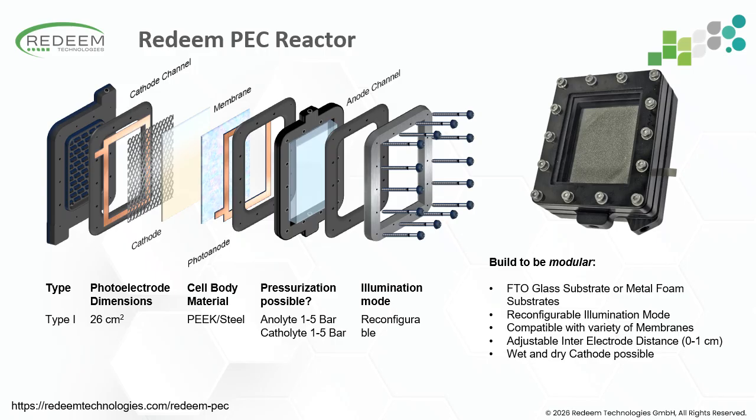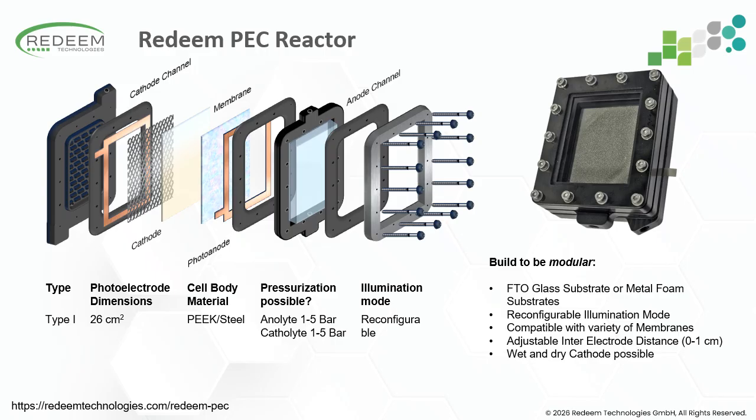Besides simplifying the reactor design by eliminating the need for a high pressure electrolyte circulation loop, this also enables hydrogen production at elevated cathode pressures without requiring a high pressure electrolyte pump. And in addition to that, the reactor supports independent pressure control of both compartments. The anode and cathode chambers can each be operated between 1 and 5 bar, and a pressure difference of up to 5 bar across the membrane can also be applied.